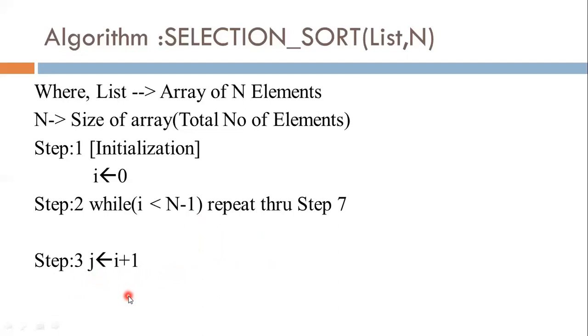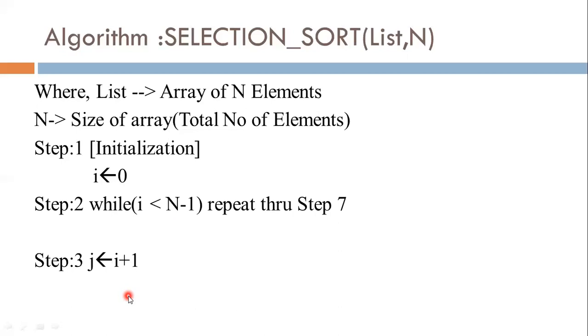For example, in step number 1, I select the first element and start the comparison with the second. Means in step number 1, I compare the first element with the second, then the first element with the third, then the first element with the fourth, and so on.